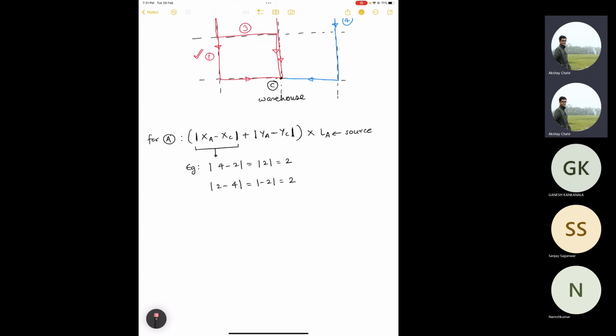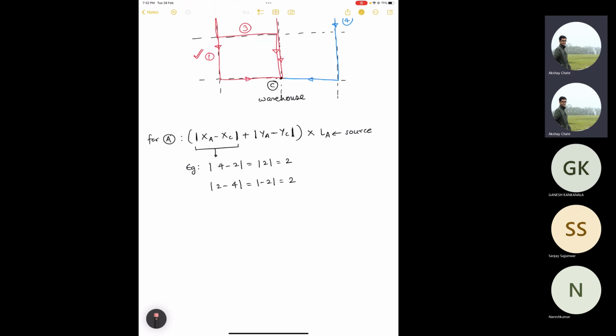Next is the center of gravity method. Let me just see if I can find some example for the center of gravity method. So in class, the professor has taken one example of the load distance method, one numerical.